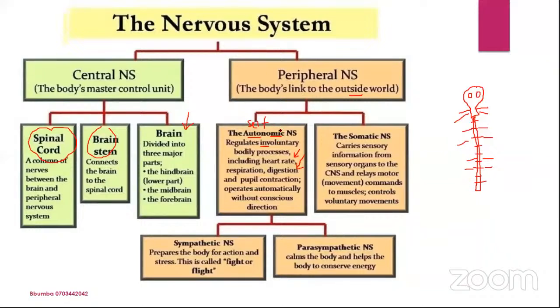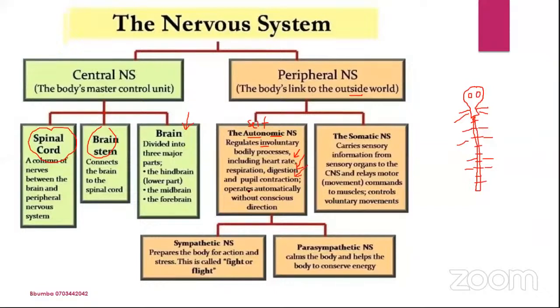So autonomic nervous system, I repeat, autonomic nervous system. These ones, you don't have control over them. So they occur within your body on a daily basis, like heart rate, your heart pumps but you don't control it. Respiration or contraction of the pupil of the eye.